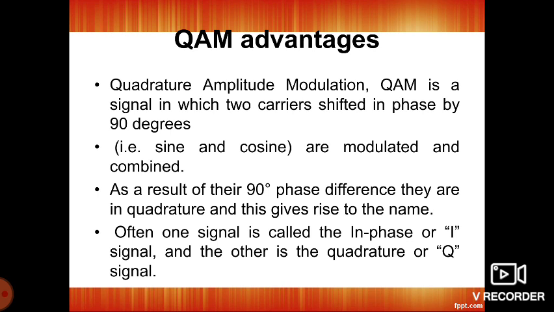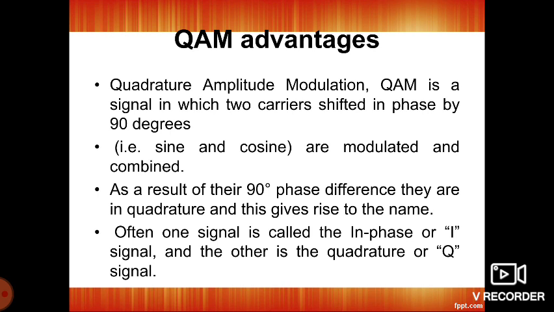So QAM is a signal in which two carriers are shifted in phase and quadrature, that is by 90 degrees. One is normal and another one has a 90 degree phase shift. That is, sine wave and cosine wave modulation are combined. As a result of their 90 degree phase difference, they are in quadrature, and this gives rise to the name.